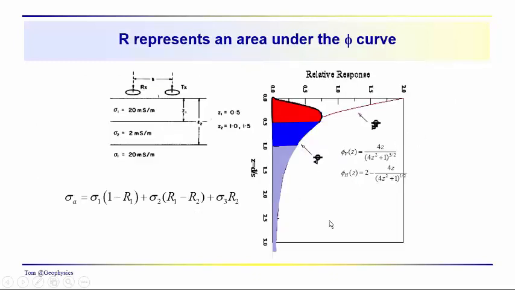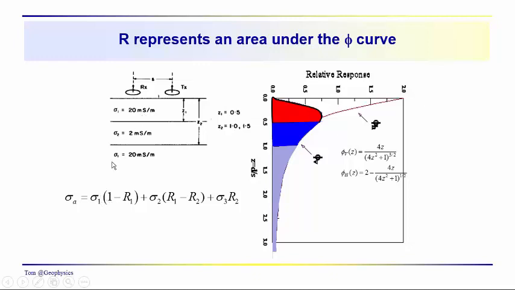And what I've done here is take the relative response function for the vertical dipole and highlight it, to illustrate that each of these layers, sigma 1, sigma 2, and sigma 3, which is equal to sigma 1, contributes to the apparent conductivity in proportion to the area under the curve, which I've colored here.